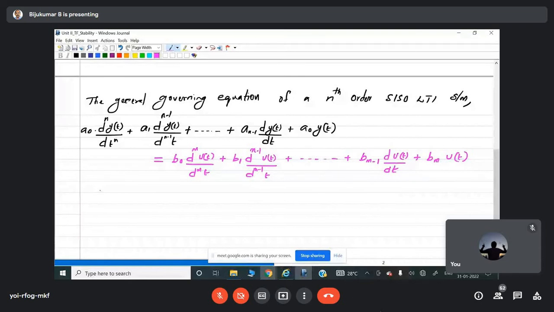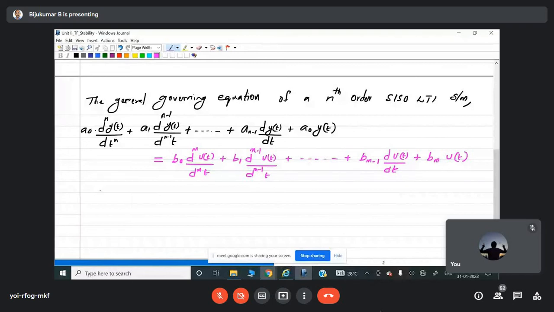If a naught, a1, a n minus 1, a n are constants, we can call it a time invariant system. If the coefficients depend upon time, we can call it a time variant system. These things we have seen, right?